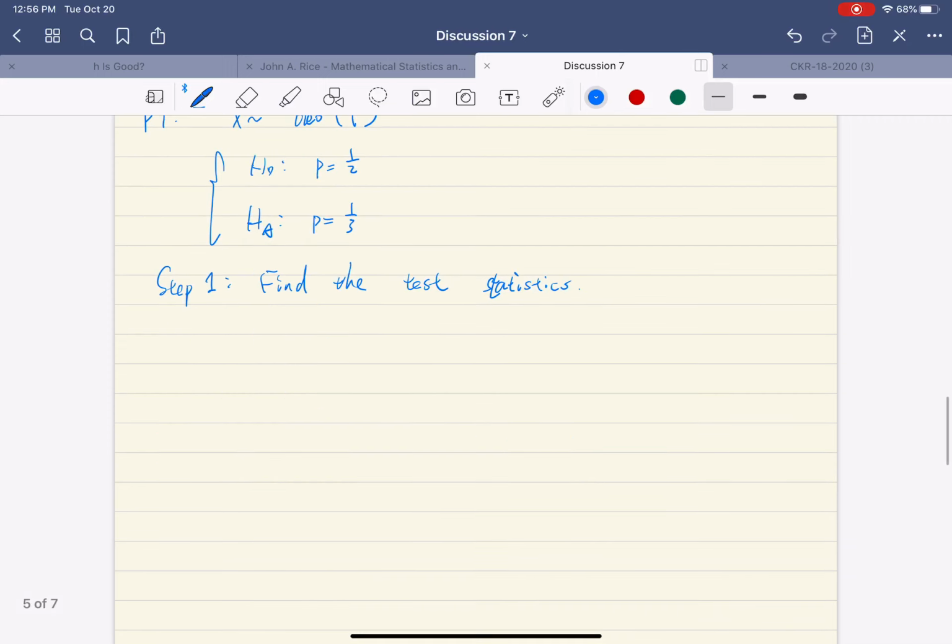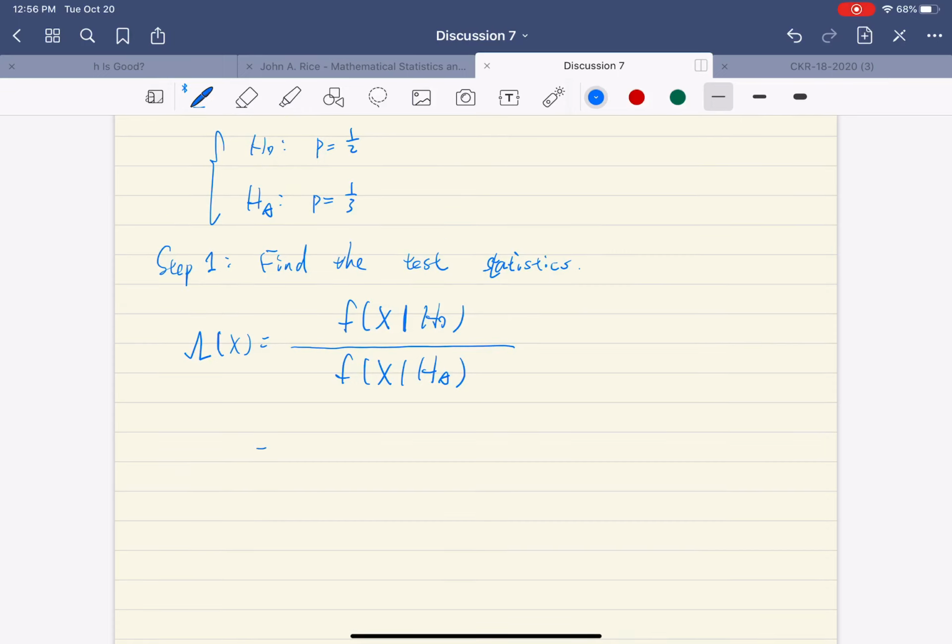Okay, so for the definition, the likelihood ratio test statistic is equal to this: the ratio of the likelihoods. The numerator is the density of X conditioned on the null hypothesis, and the denominator is conditioned on the alternative hypothesis.